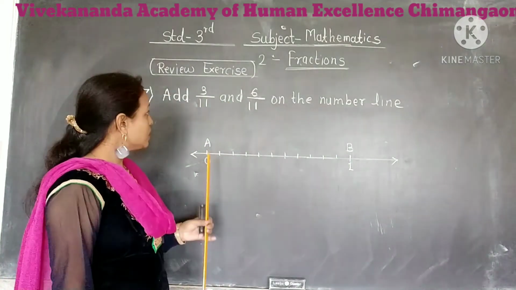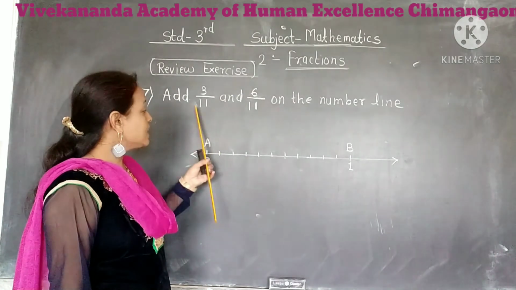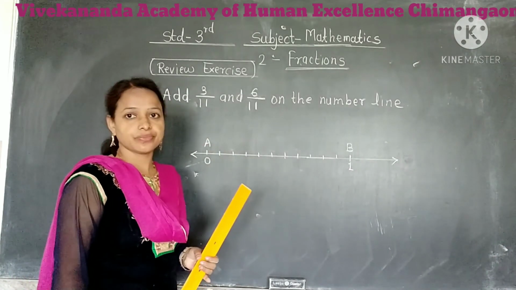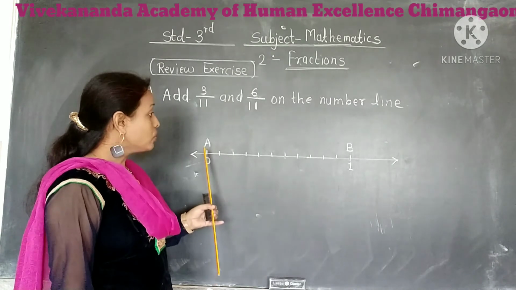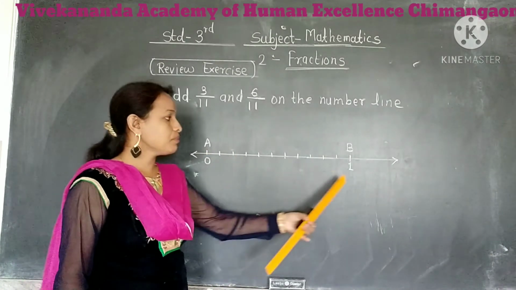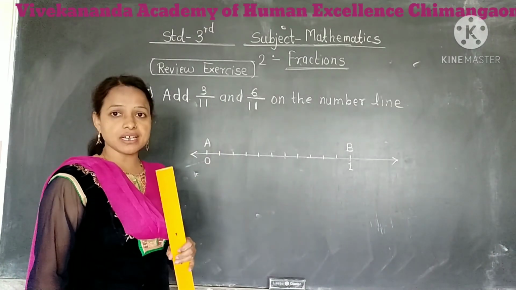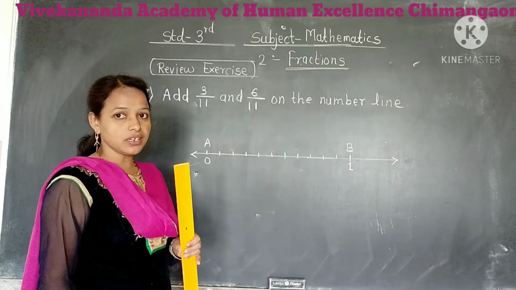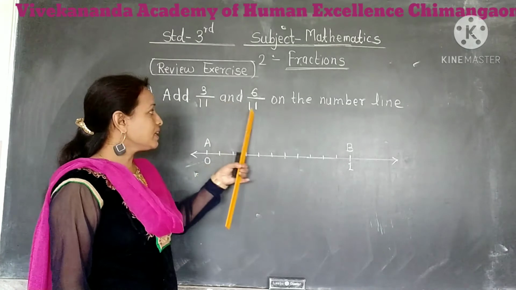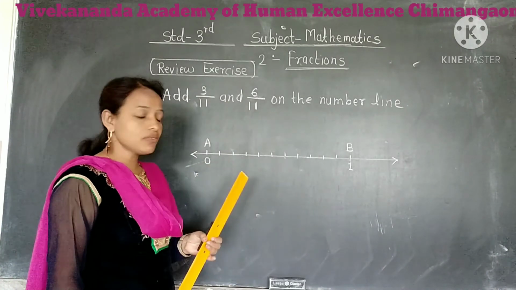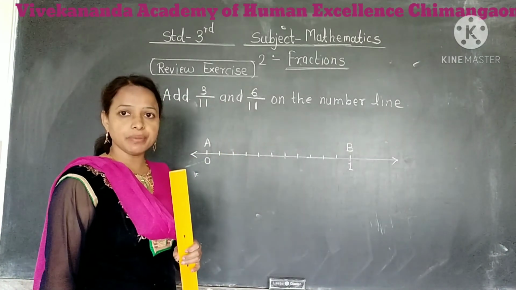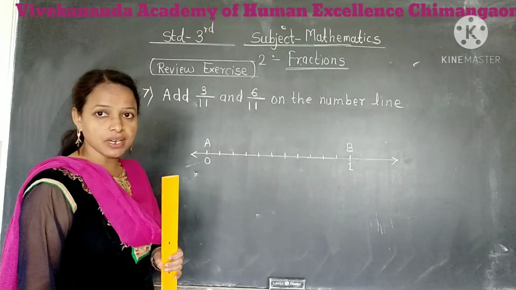Now, since the denominator is 11, we have to divide line segment AB into 11 equal parts. Look here. Here the denominator is 11, so we divide line segment AB into 11 equal parts.